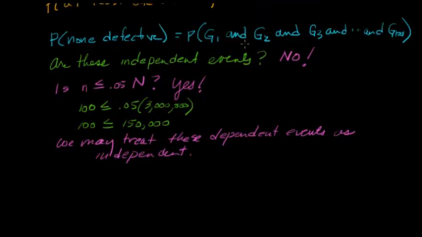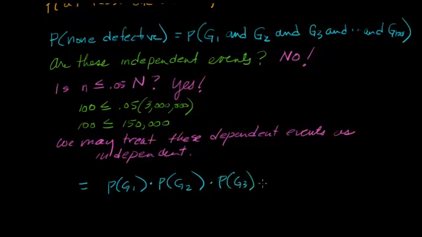So back to our non-defective and our light blue up here. I'm just going to continue that line. The probability of G1 and G2 and G3 on and on, well, that's the probability of G1 times the probability of G2, meaning the first reader was good, the second reader selected and inspected was good, the third reader selected and inspected was good, to the 100th reader was selected and good.